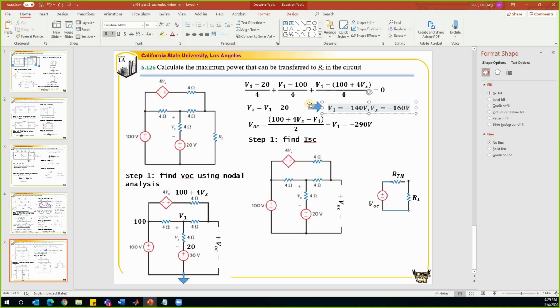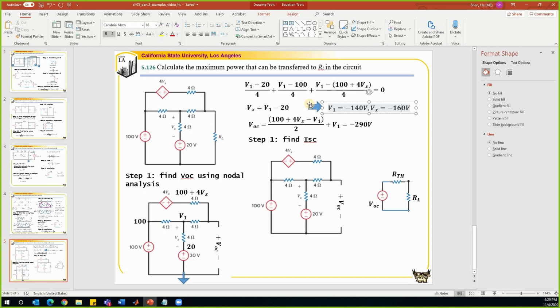Okay. 3V1 minus 220, minus 4Vx, V1 minus 20, negative V1 plus 80 is equal to 0.